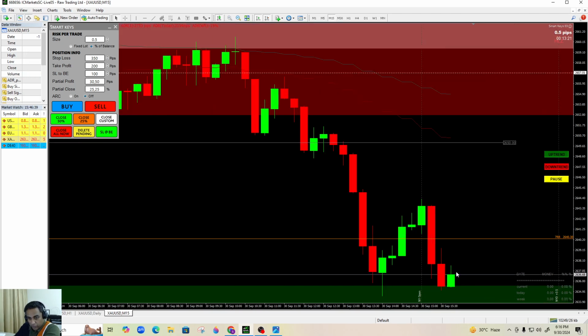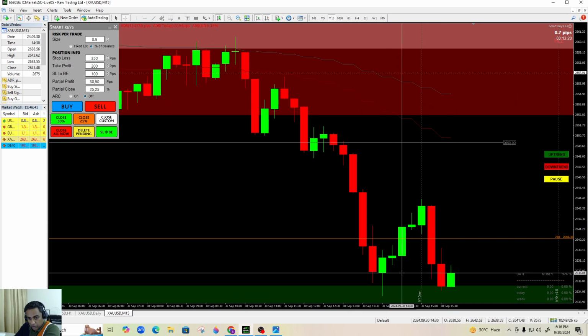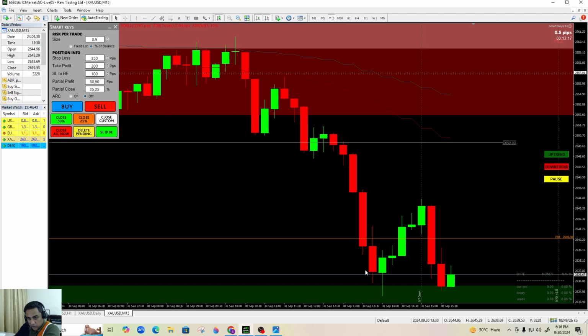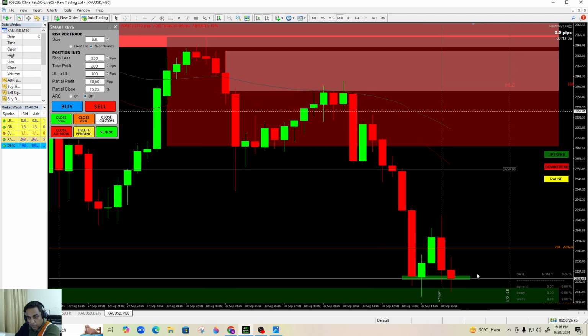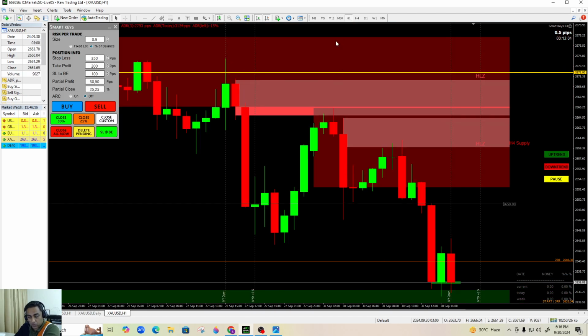So we're making a top wick before continuing down. We're close below this minor support level here. This minor support level on the M30, also on the H1.